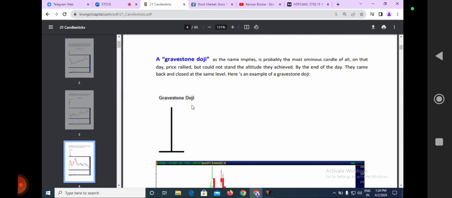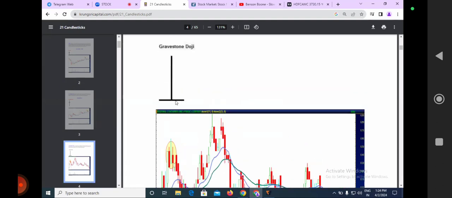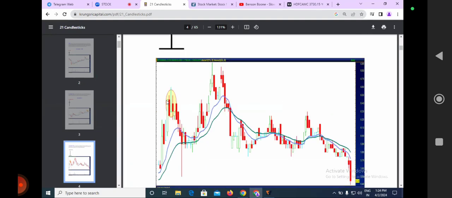The gravestone doji has a long upper shadow and the body is very low, which means the market opened at this level, went up to the high, and again came back to the same level here. This kind of doji is where the market is telling you that it is going to be a range bound market.